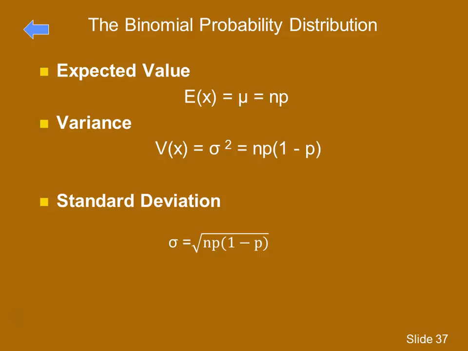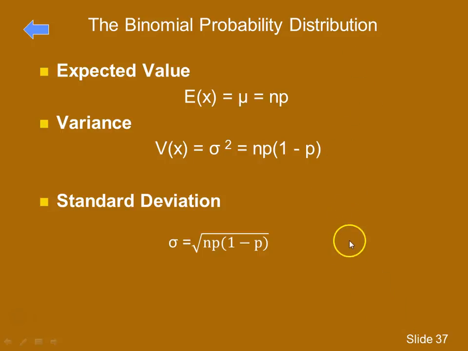Suppose I define a variable x to be the number of heads, and I ask you, what's the average or expected number of heads? You should come up with the answer 50. How did you come up with 50? You just took n of 100 times the probability of a head, a half. 100 times a half is 50. And that's exactly how you would find the mean of any binomial.